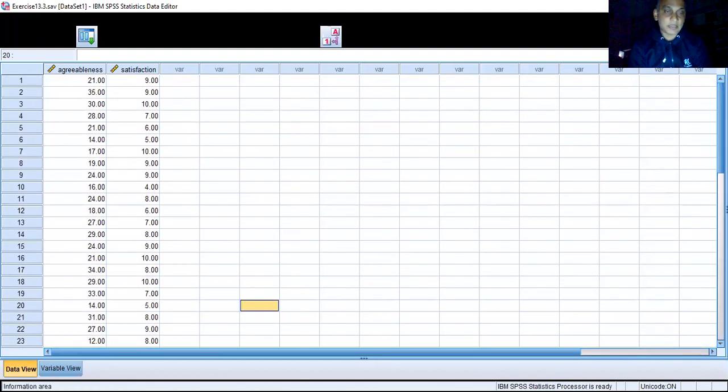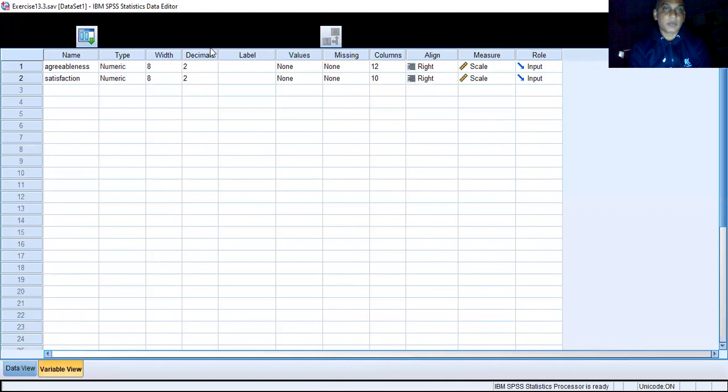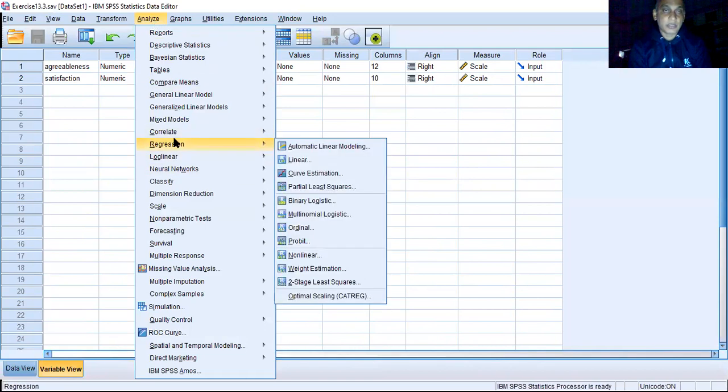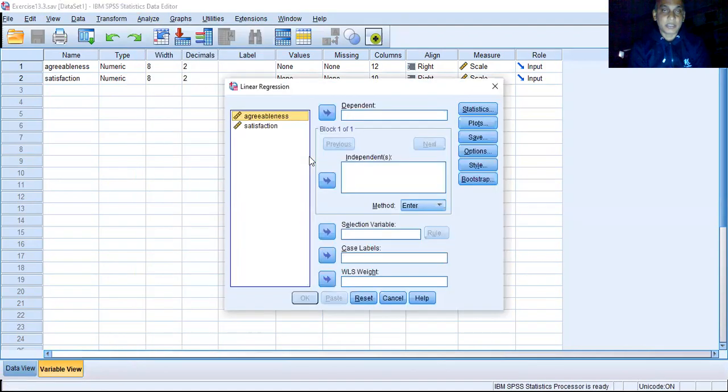So coming to the analysis part. So first thing we go for analyze, and then we go for something called regression. We are going for linear regression. Here we go. Agreeableness is basically the independent variable.